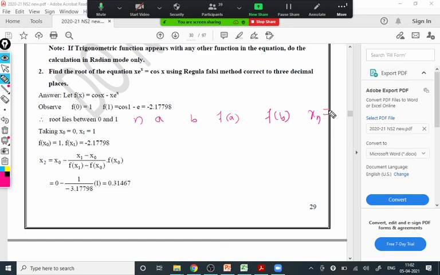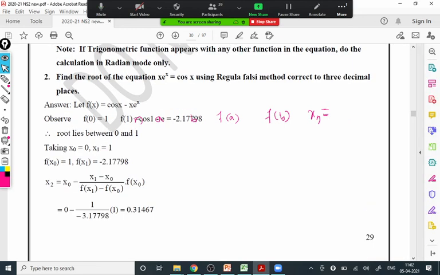This xn is the iteration formula, and what is the formula for regula falsi that we generally use? It is a into f(b) minus b into f(a), upon f(b) minus f(a), correct? And the last column is f(xn). So these are the columns that we have.